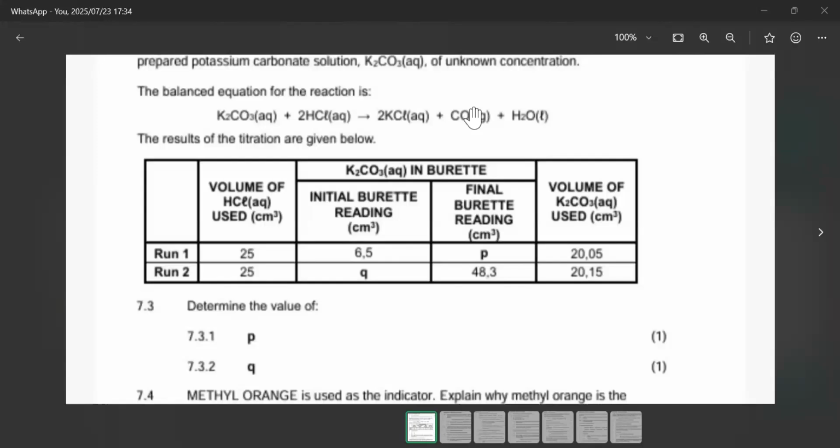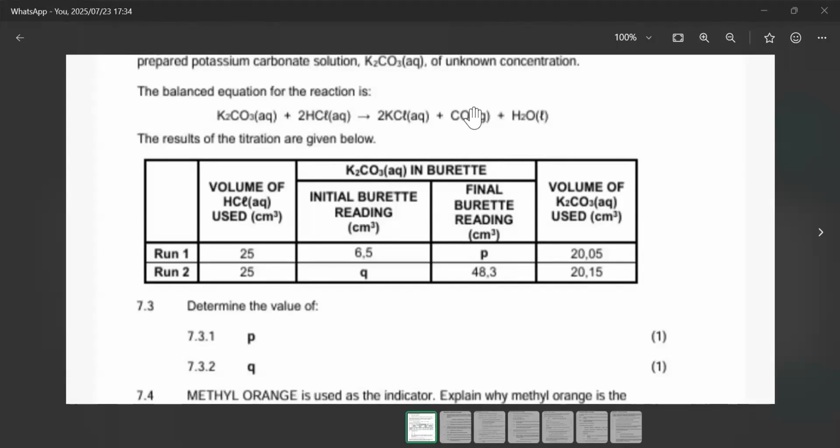Then you get 26.55. Because you can see clearly that the volume of potassium carbonate is actually increasing. Yes. How is it possible for us to use 20.05 if we only have 6.5? Well, it's not possible. So it means we just take this 6.5, we add it to 20.05, then we get the final volume.